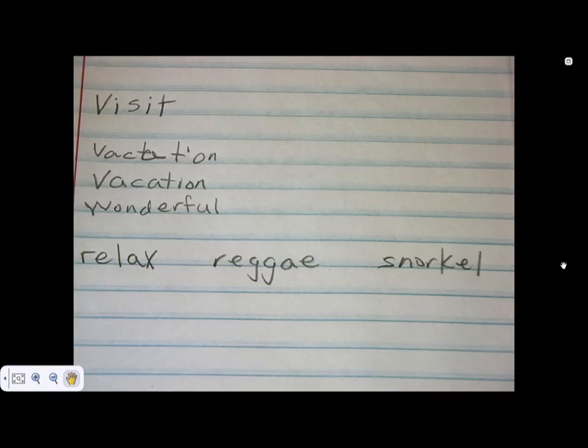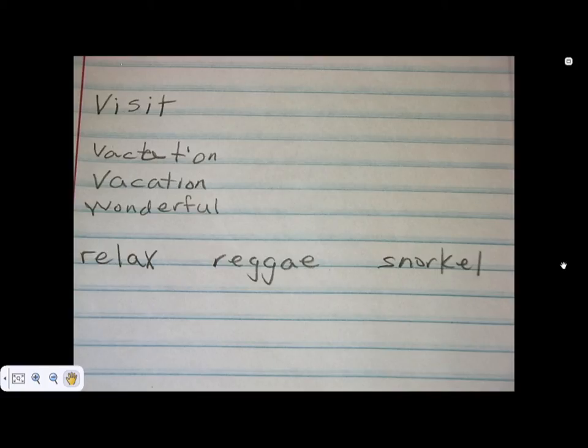What do you like to do on vacation? Relax, eat good food, listen to reggae music. Then Jamaica, an island in the sun, is a wonderful place for you. Enjoy a cold drink on the beach.